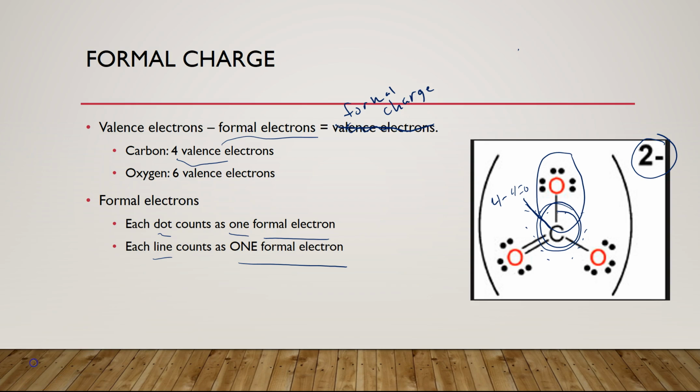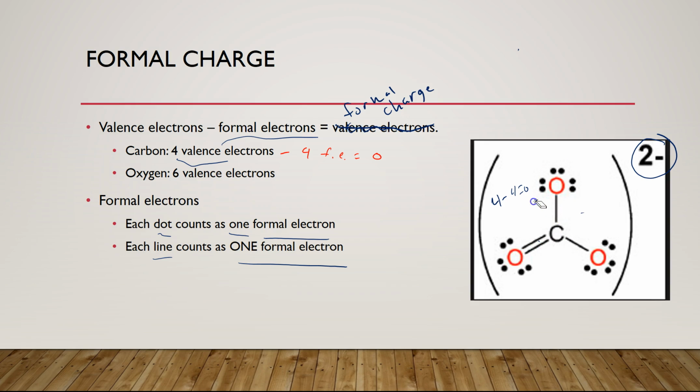Okay? I'm hoping that's making sense to you. So my carbon atom right here in the center has 4 lines: 1, 2, 3, and 4. Each line counts as a single formal electron. So carbon has 4 valence electrons minus 4 formal electrons equals a formal charge of 0 on that carbon in the center.